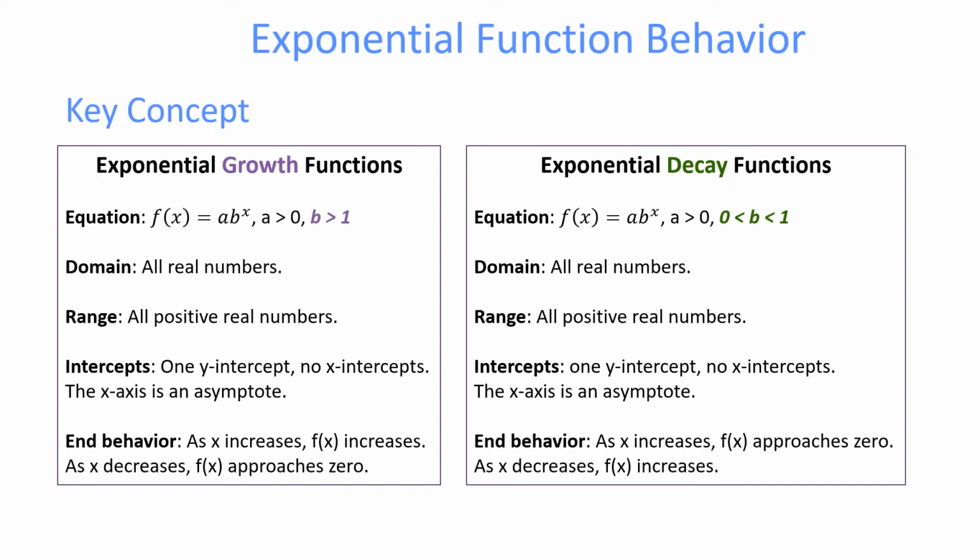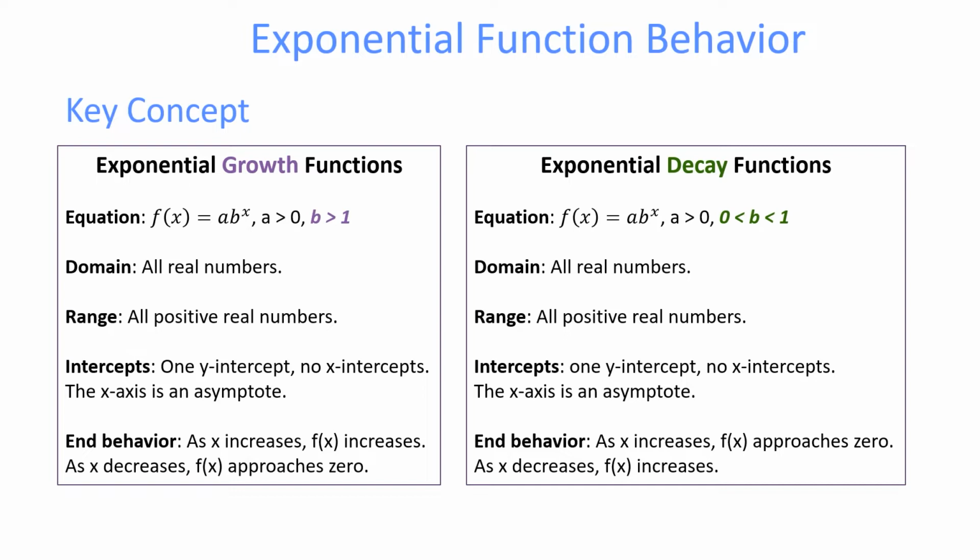For exponential decay functions, this is for the value of b being between 0 and 1, a fraction or decimal value. The domain will again be all of the real numbers. The range of y values will be all positive real numbers.